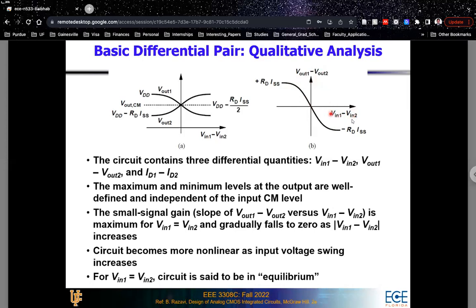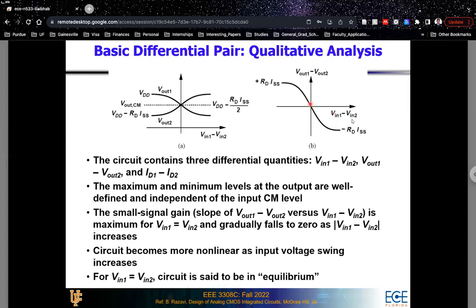So that's why for any kind of amplifier, linearity is a big deal. Linearity is a big concern because as your input voltage becomes larger and larger, the gain of the system will not remain linear or will not remain constant. So your gain keeps on changing as your input voltage swing keeps on changing.